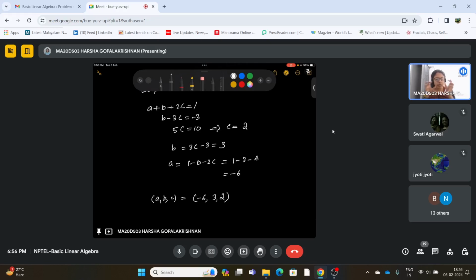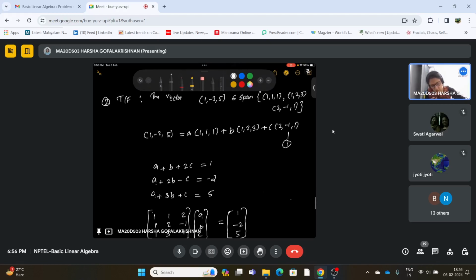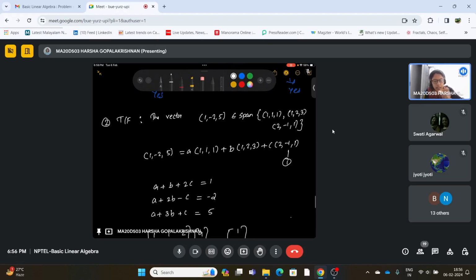Okay, so that was our problem: find A, B, C such that A times the first vector plus B times the second vector plus C times the third vector equals the given one. The equation was A times 1 1 1 plus B times 1 2 3 plus C times 2 minus 1 1. We obtained the values A, B, C which satisfy the equation. So what does that mean?